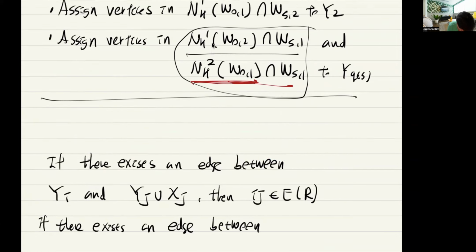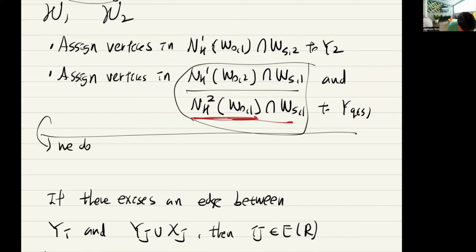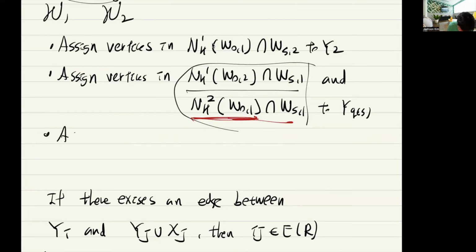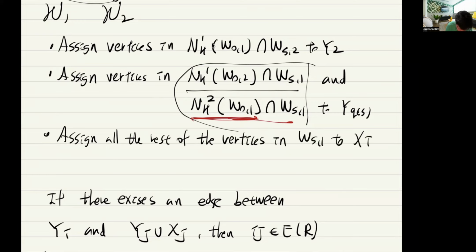So we do that, and we assign all the rest of the vertices in W_S1 to X_i and W_S2 to X_i.